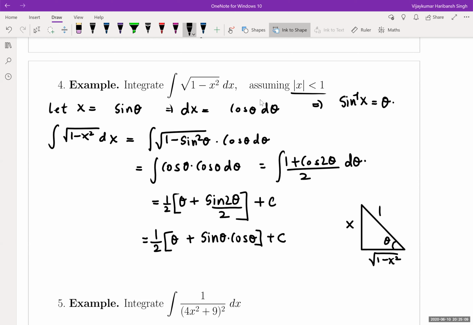So we get half, theta is sine inverse of x, plus sine theta is x, so I get x. Now what is my cos theta here? Cos theta is adjacent side over hypotenuse, which is 1. So this is going to be square root of 1 minus x squared, plus c.